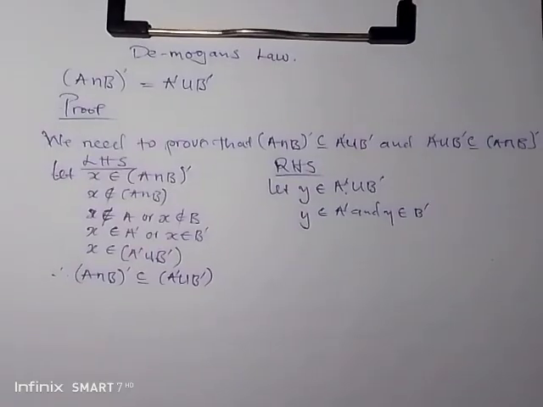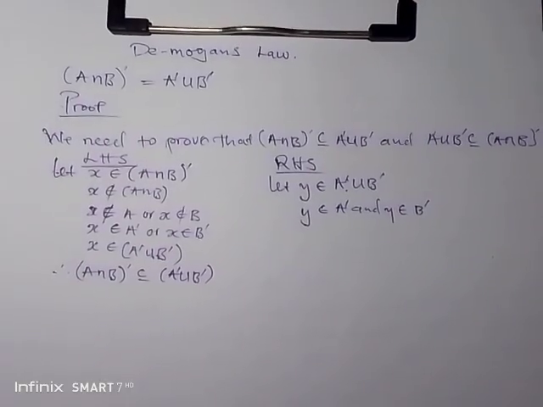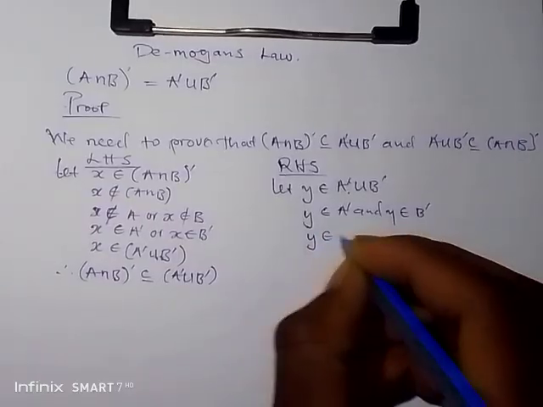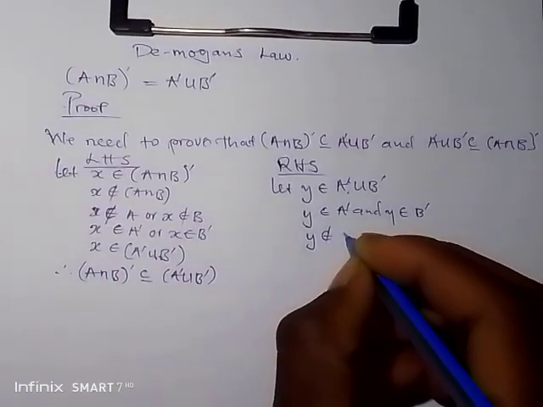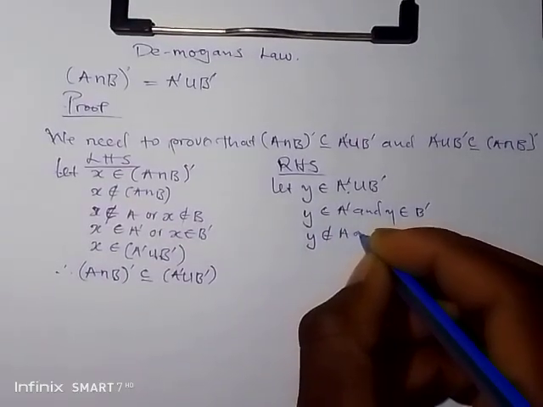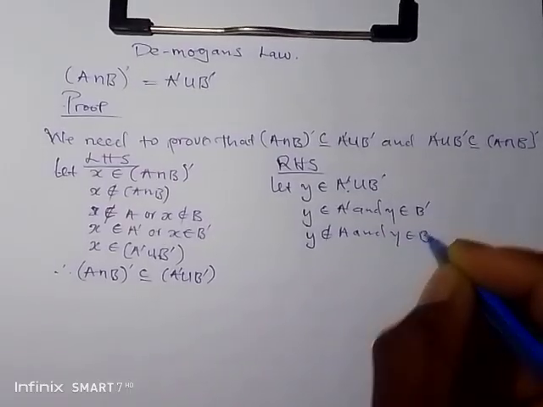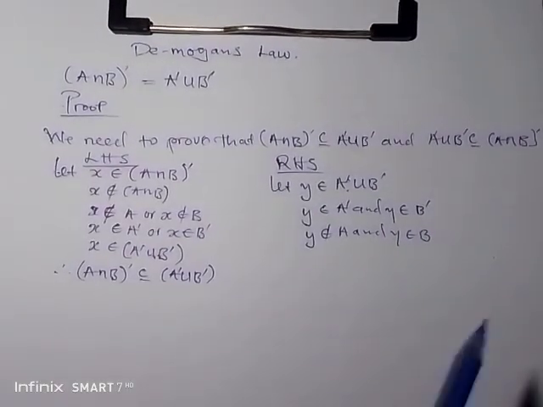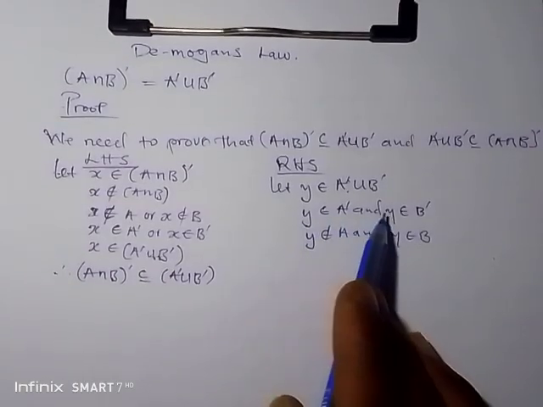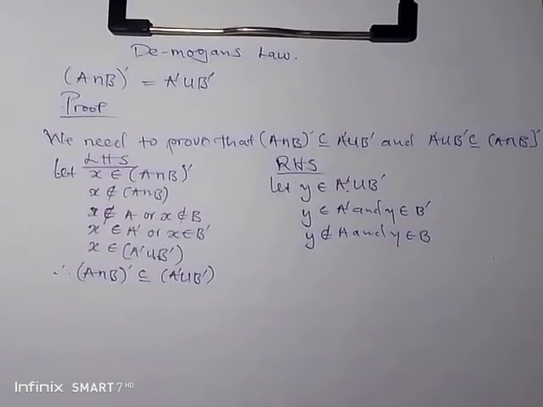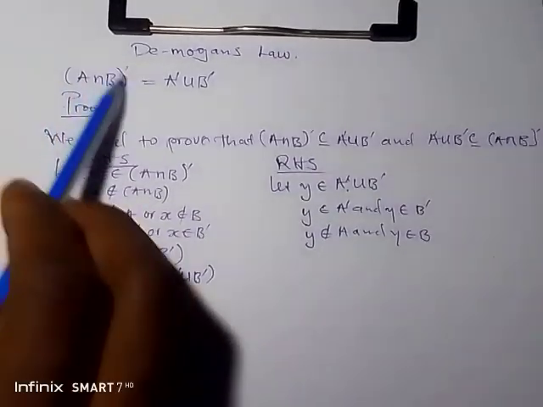Let's proceed. Y is not a member of A, and Y is not a member of B, because it is a member of A complement and a member of B complement.